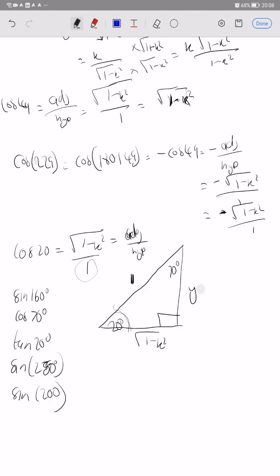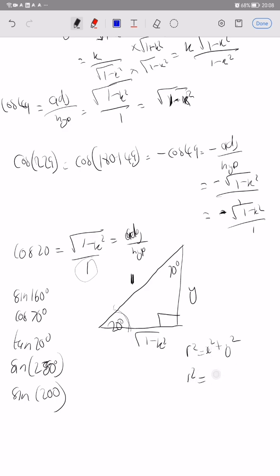Therefore, in this case, we are left with a y. We don't know the y, so we still use the theorem of Pythagoras. So r squared is equal to x squared plus y squared. What is my r? The value for r in this case is basically 1, so 1 squared is equal to, what is my x?